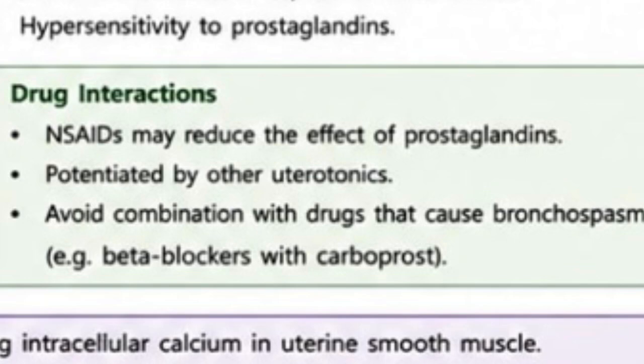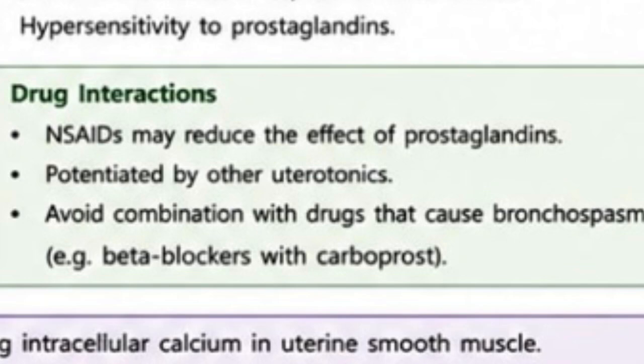Also, don't give alongside other uterotonics, especially ergot alkaloids and oxytocin. Don't give them together, because it will cause issues, causing laxity of the ligament that is holding the uterus. So there could be a problem. Avoid combination with beta blockers like propranolol.